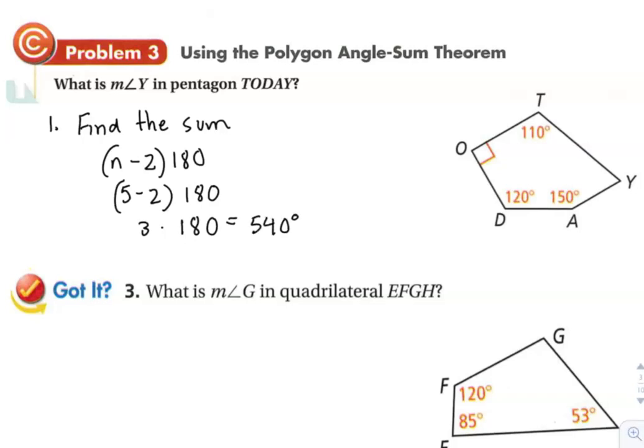And we're trying to find the measure of angle Y. So we know every angle, I'll just write it in this box here, that's 90. So I want to add up 90, 110, 120, 150. See what that total is. Let's double check with my calculator.